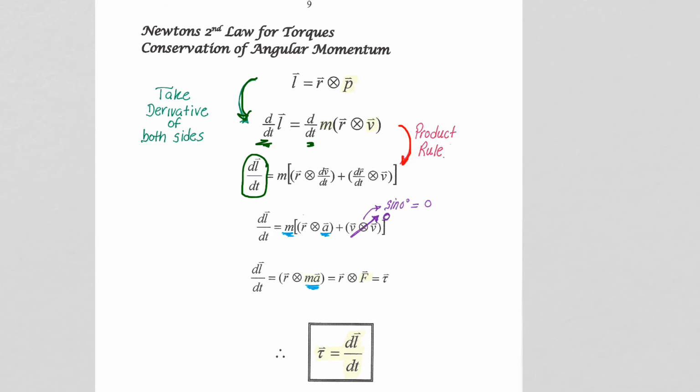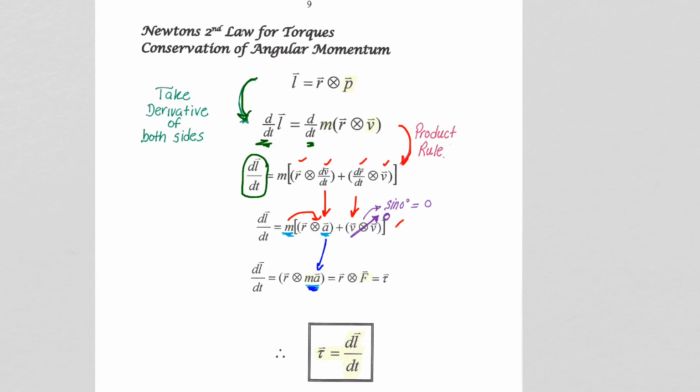We have first times the derivative of the second, plus second times the derivative of the first. dr/dt is v. V cross v is 0, so we lose the second term entirely. dv/dt is acceleration.